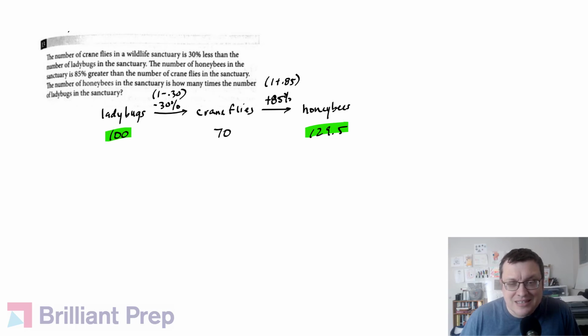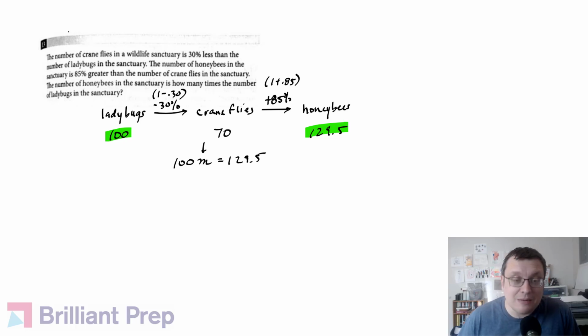So now, we want to compare this result to this result. How many times is 129.5 compared to 100? So one option would be you could maybe just see that it looks like 1.295, but if you're not sure about that, you could say, well, look, 100 times some multiplier, I'll call it m, has got to equal 129.5, right? And I'm looking for that multiplier. How many times the ladybugs is the honeybees?